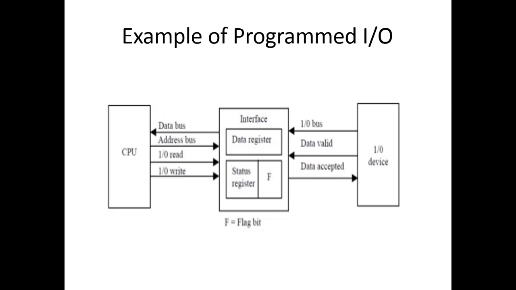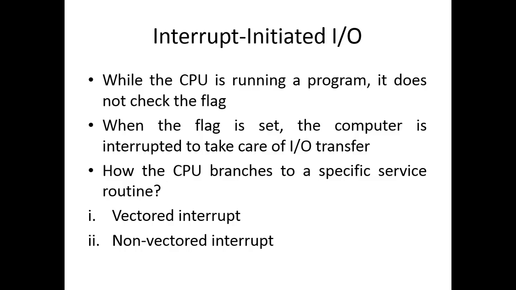At that time the interface can set F to 1 and the generated interrupt can be given to the CPU so that the CPU can receive the control signals which are generated by the interface, as well as the data placed onto the data bus.